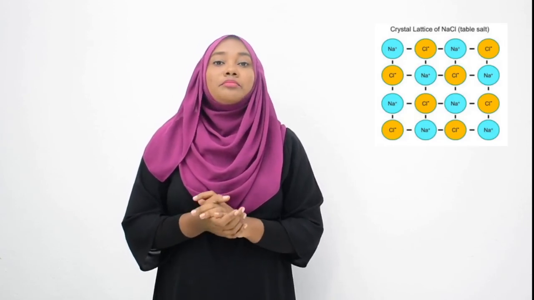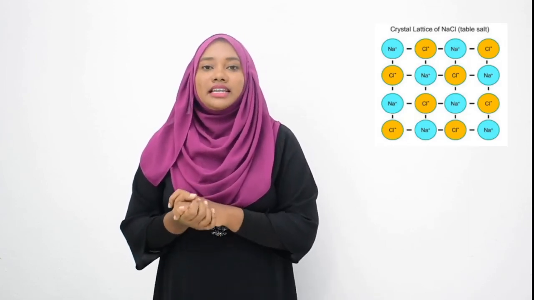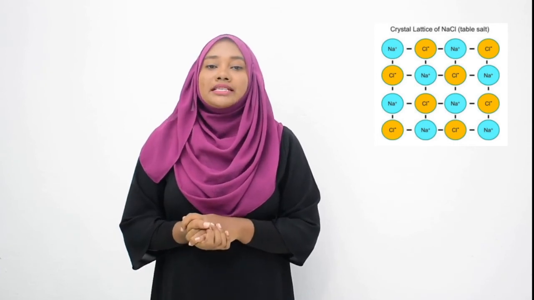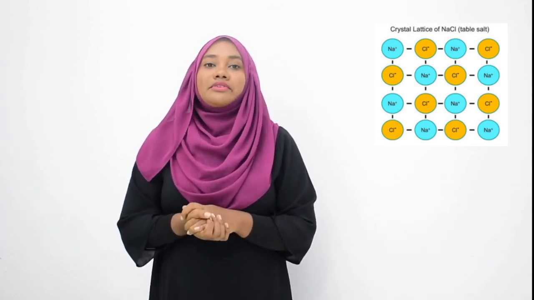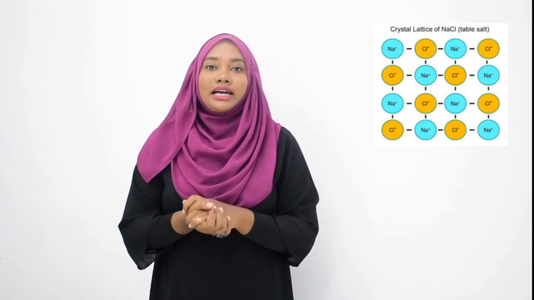However, in a 3D space, there is a bulk of positive and negative ions known as a lattice. So a lattice is a regular arrangement of alternating positive and negative ions. Sodium chloride is an example of an ionic lattice. So an ionic lattice will have a regular arrangement of positive and negative ions.